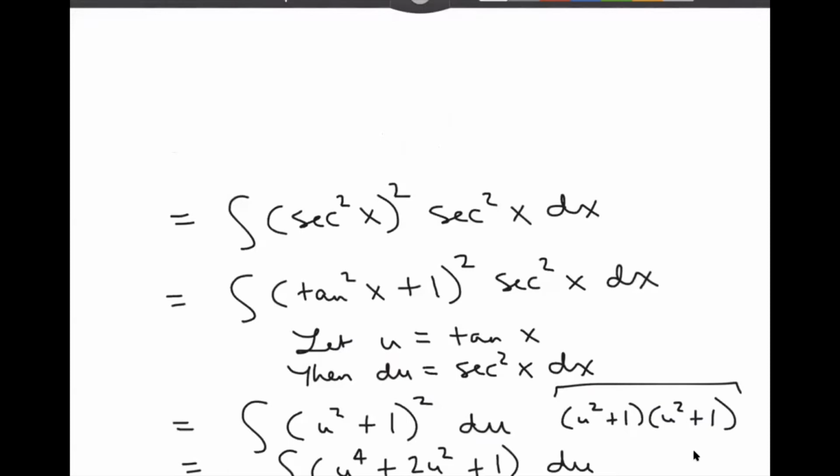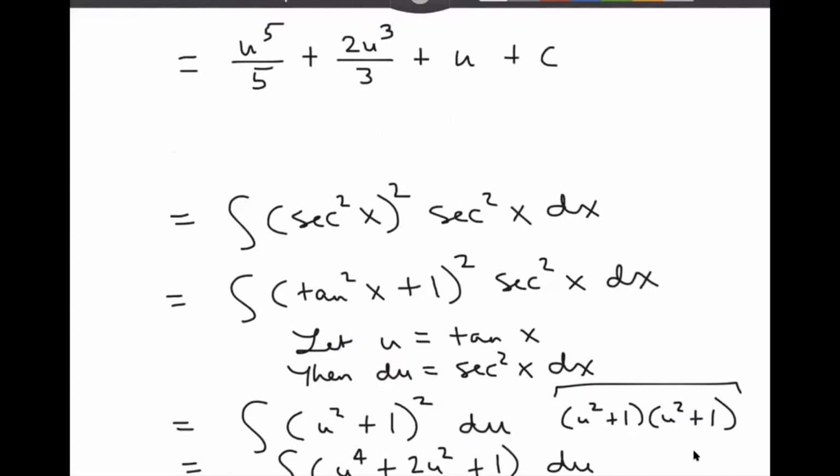Oh, well. Okay, so u to the fifth over 5. Integral 2u squared is 2u cubed over 3. And then the integral of 1 with respect to u is u.